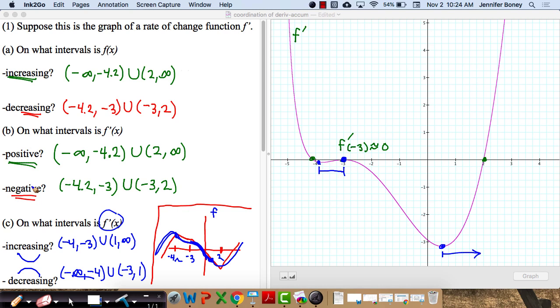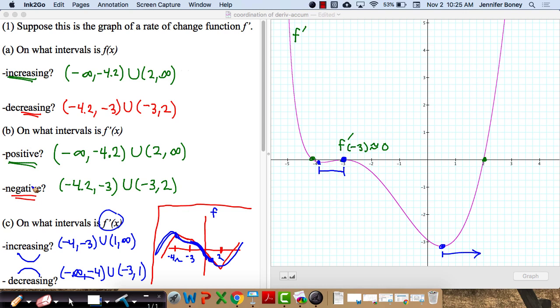So with looking at a graph of an accumulation function, it's usually easiest to see where that graph is increasing or decreasing, we've done it a lot. So just keep in mind that where an accumulation function is increasing or decreasing corresponds to its derivative being positive or negative. But also adding in the curvature part, if you see an accumulation function that's curved upward or curved downward, that's the rate of change being increasing for upward or decreasing for downward.